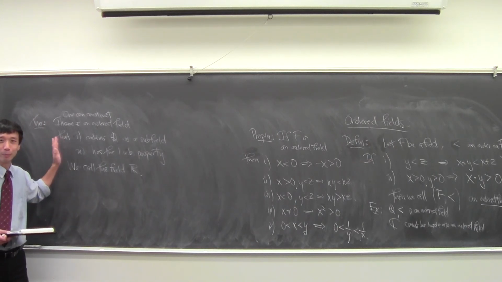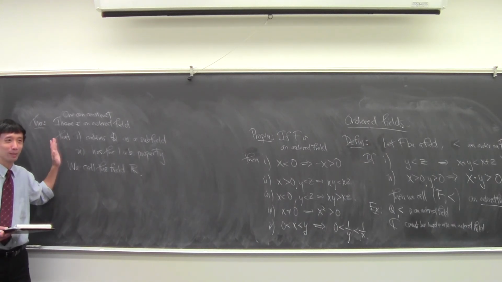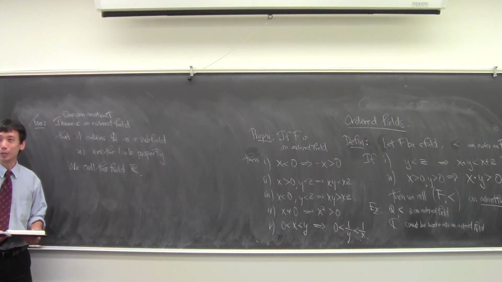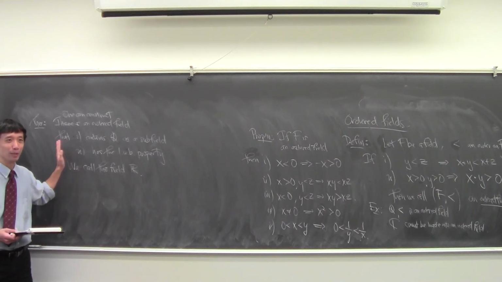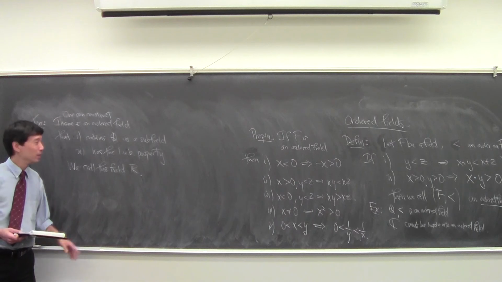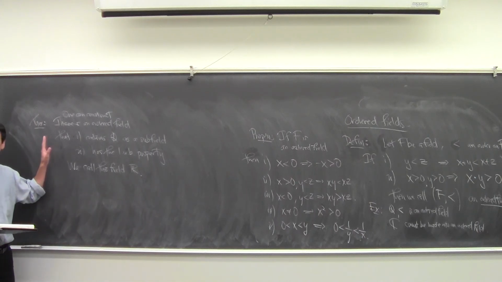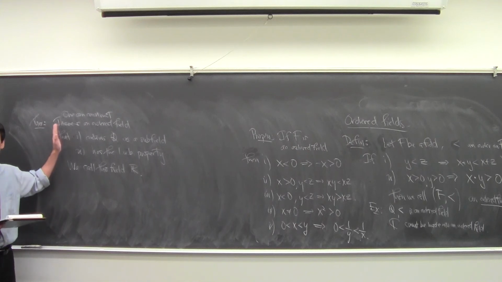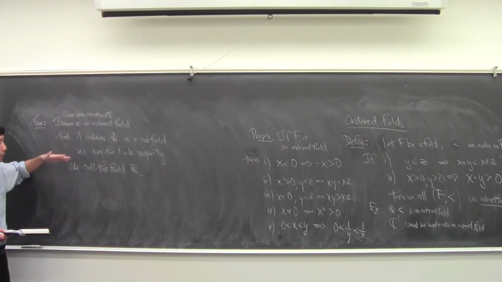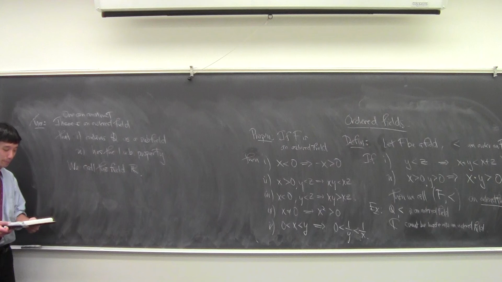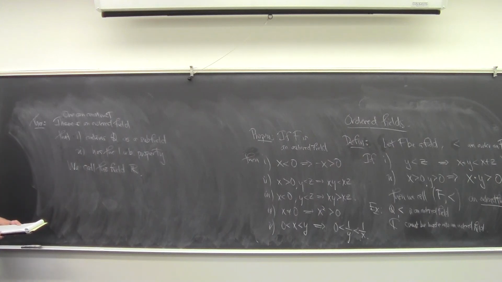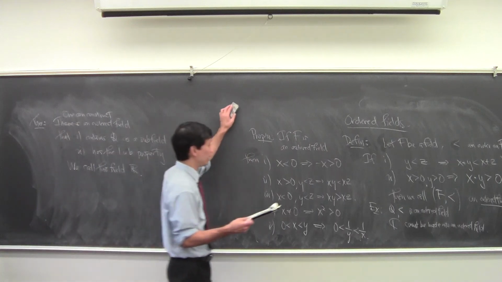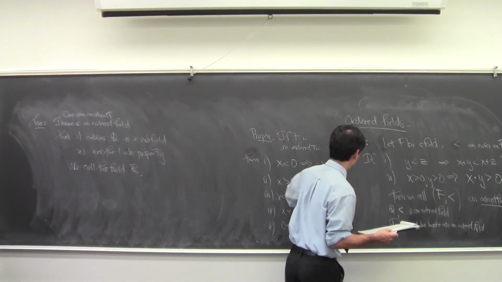I was going to say that we're not going to look at that appendix because it's quite intricate. I don't think you want to look at it at this point. There's a method that you can use to construct it, and you construct the field R in this way.